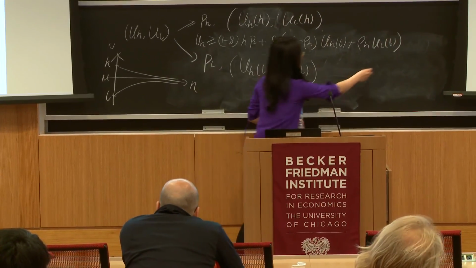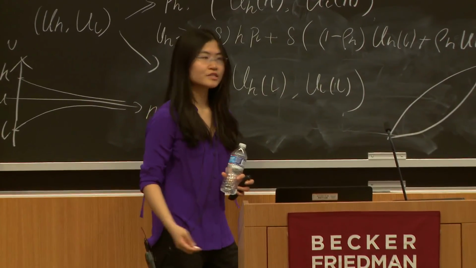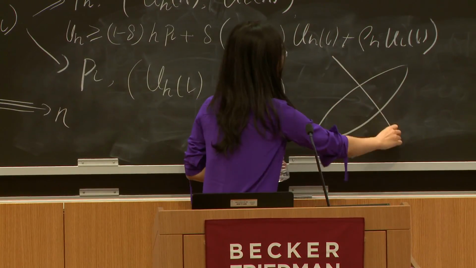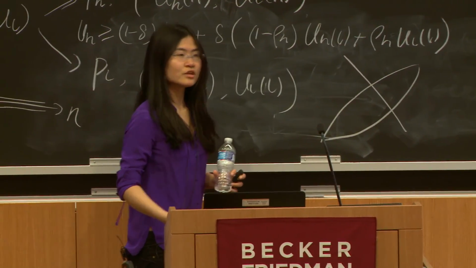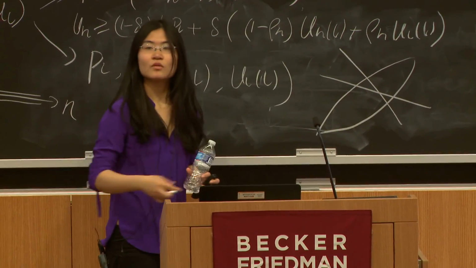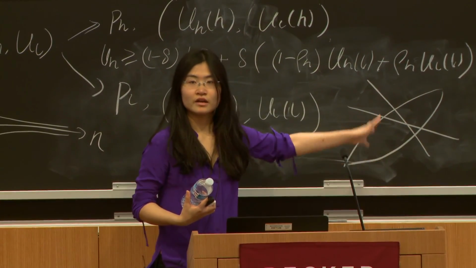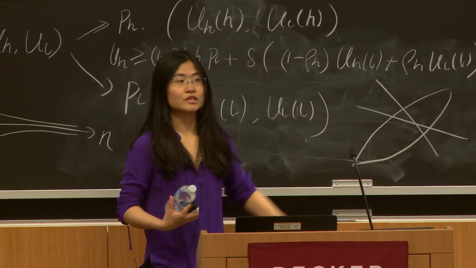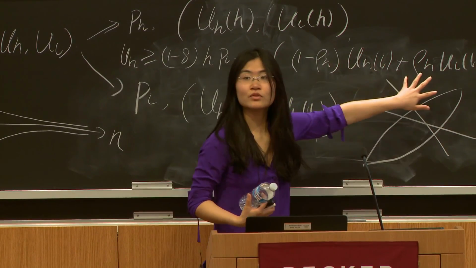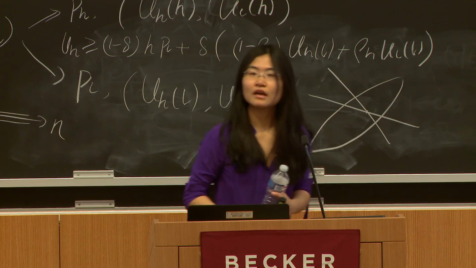So if we think about the promised pair, the indifference curve of a high type is going to look like this, and the indifference curve of a low type is going to be flatter or steeper. So probably we would like to take advantage of this difference in the slopes of their indifference curves over UH and UL. That's the intuition we had at the beginning as well.